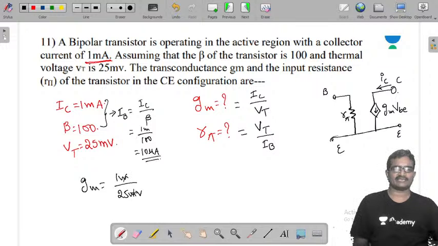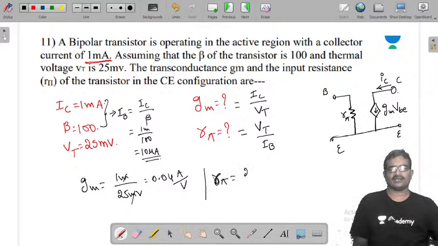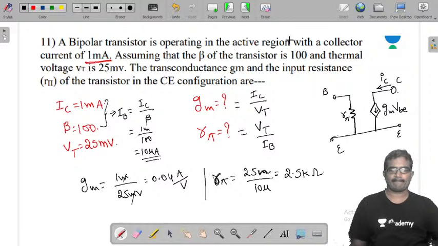Milli gets cancelled. 1 by 25, 0.04 amps per volt, and R pi is 25 milli by 10 micro. Okay, it is 2.5 kilo ohms. That's it. It is very easy.